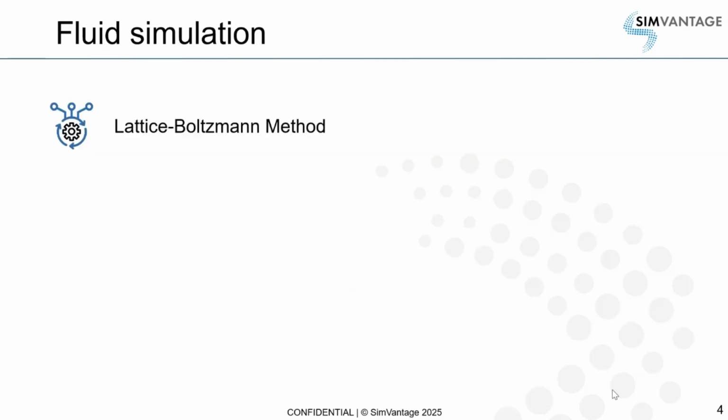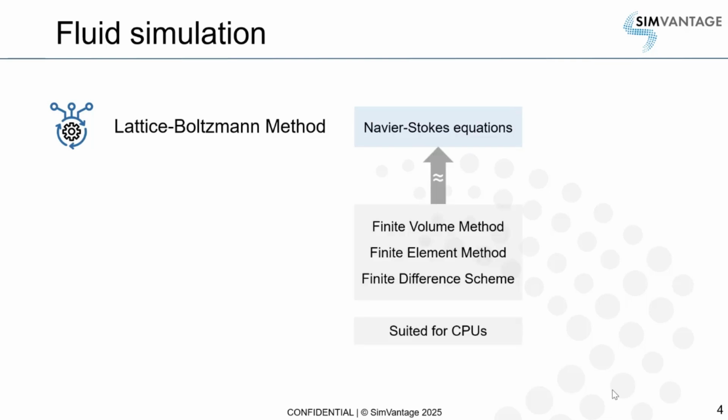And let's start with the fluid simulation. We're using the lattice-Boltzmann method for the fluid simulation. What is the lattice-Boltzmann method? The basis of all fluid movement, I think in the entire universe, are the Navier-Stokes equations, and usually they were approximated with mostly the finite volume or the finite element method.